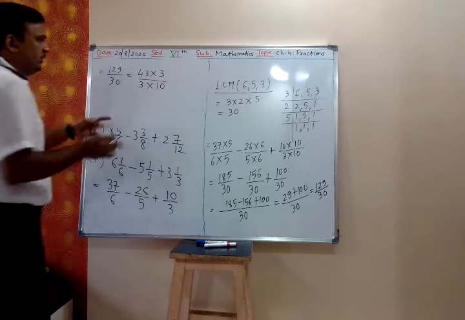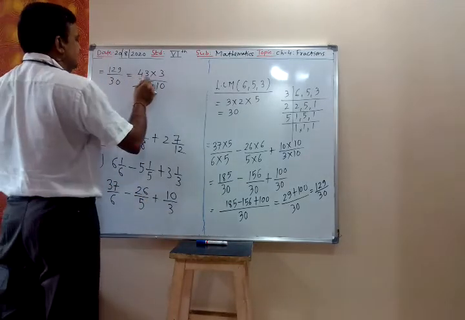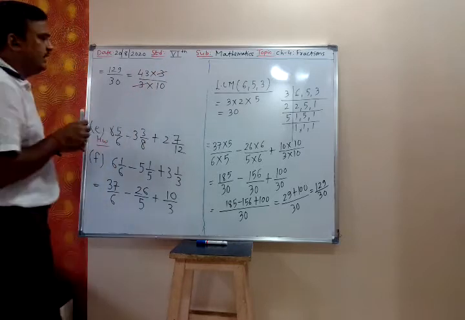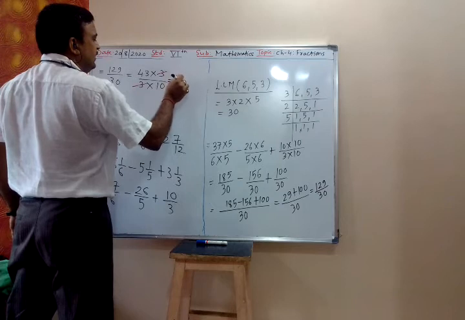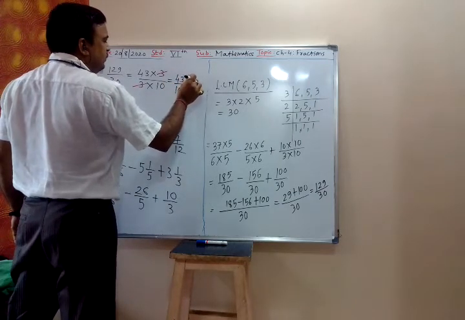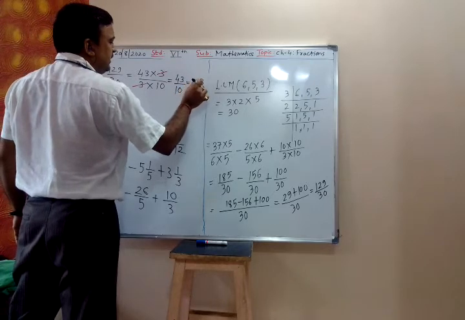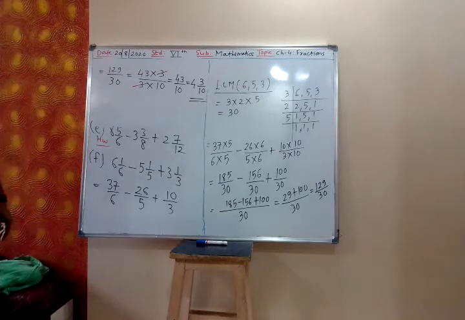So this 3 gets cancelled, and that is 43 upon 10. 43 upon 10 I can write as 4 and 3 upon 10. This is the answer. 4 and 3 upon 10.